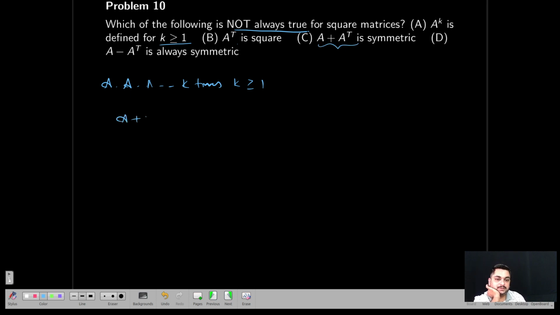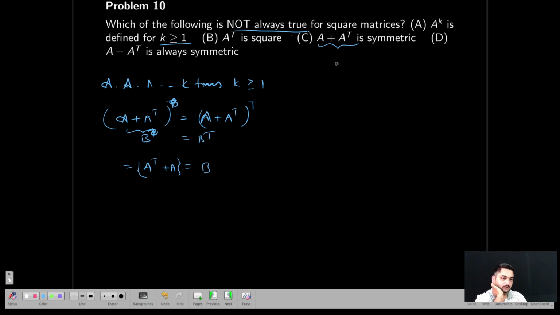A plus A transpose is symmetric means this should be equal to its own transpose. Call it B; B should be equal to B transpose. If you take the transpose of it, I'll again get back my B, that is A transpose plus A. This is nothing but the entire thing is B. So this holds. So this is also true.